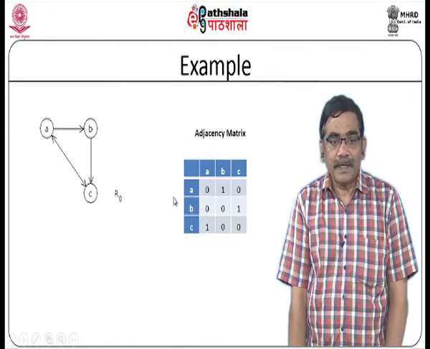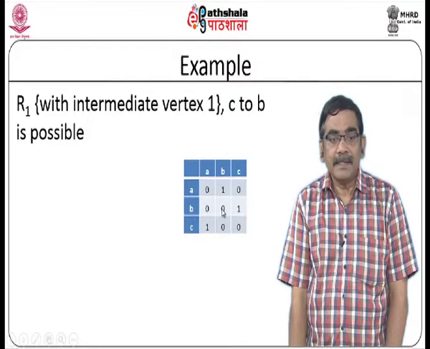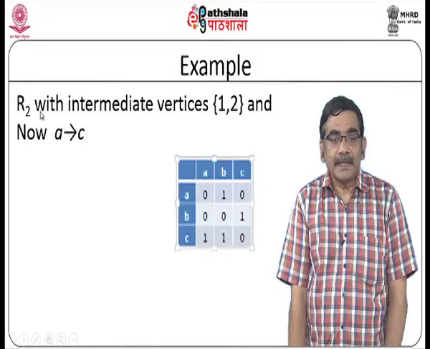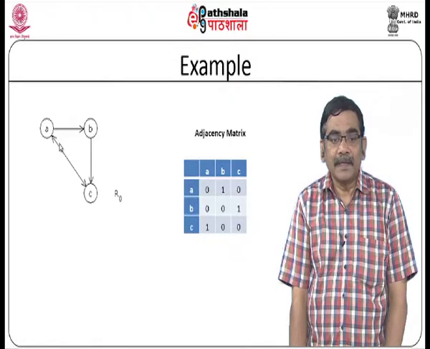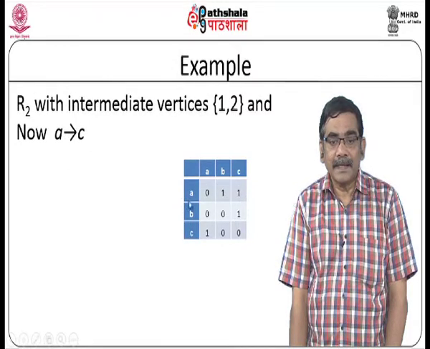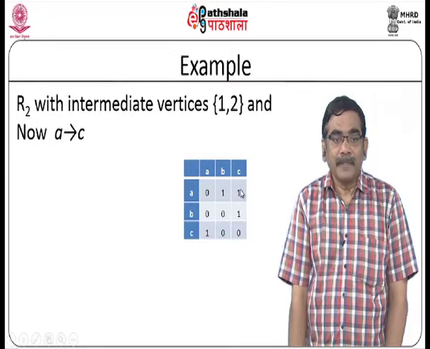The second node becomes active now. Again, because of this addition, you can see that there is a path from A to C, because this node is also available. So, A to C is going to be 1.